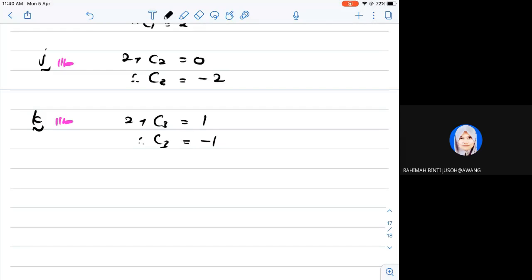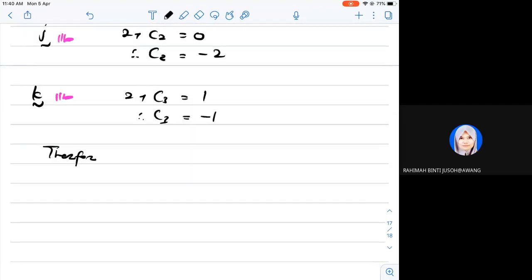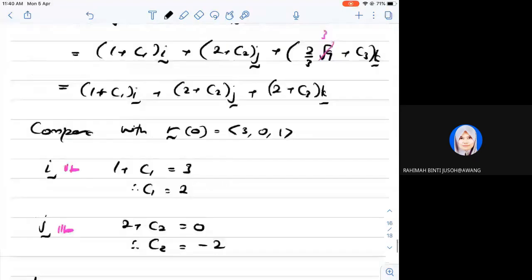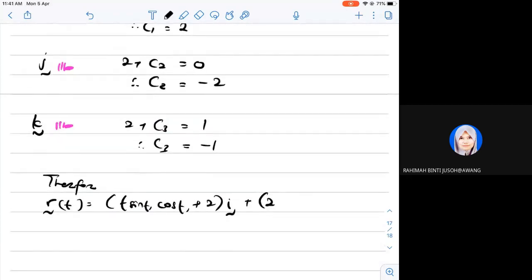Okay, so now therefore finally you just substitute r(t). r(t) equals to t sin t and then cos t plus 2i plus apa tadi? 2 exponent 4t, plus pula C2 apa?